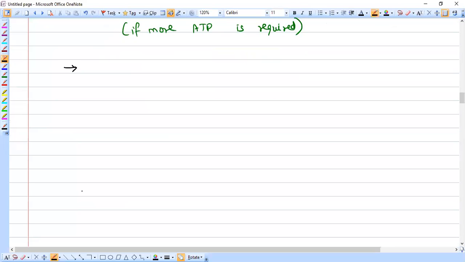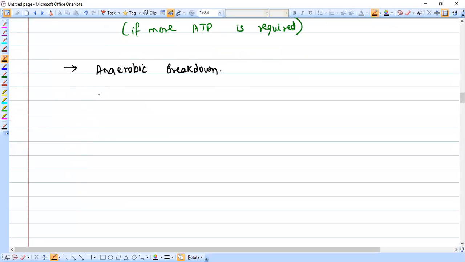Then there is anaerobic breakdown. Remember, anaerobic respiration, because when we run and we don't breathe, what will happen? All the glucose will be converted into pyruvic acid, but that pyruvic acid will be converted into lactic acid.